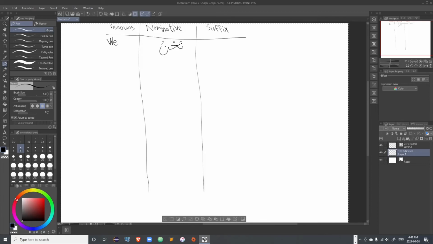And the suffix will also be the same. Na. Na. And I will not write the sukoon for the vowels because it would be apparent from my pronunciation that through the elongation it indicates a vowel.